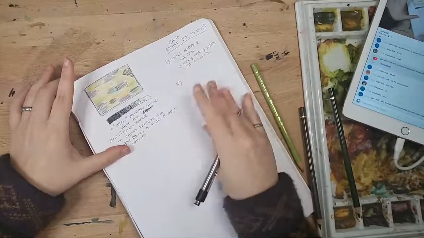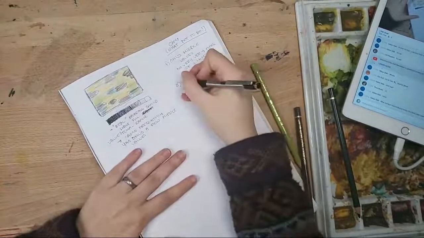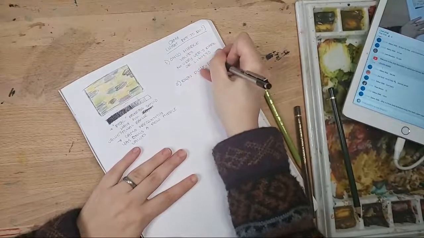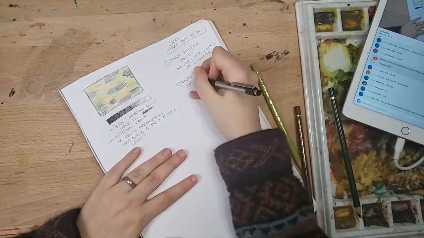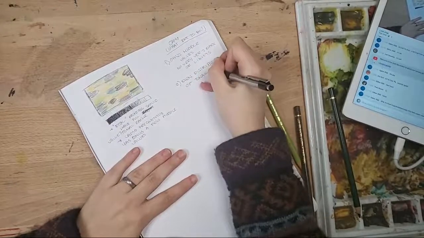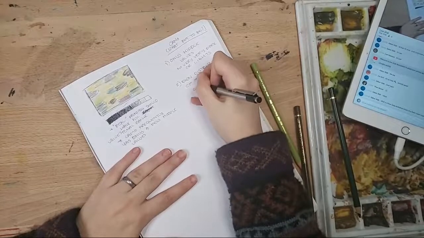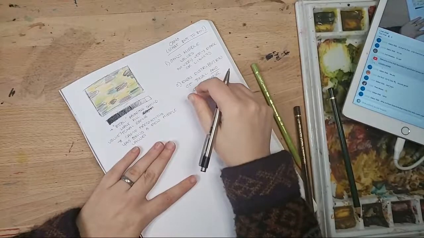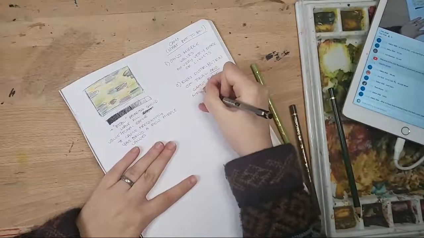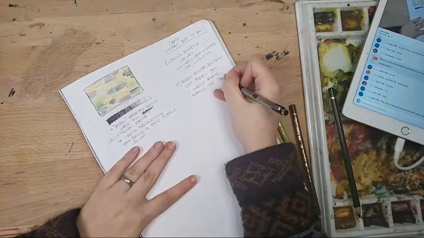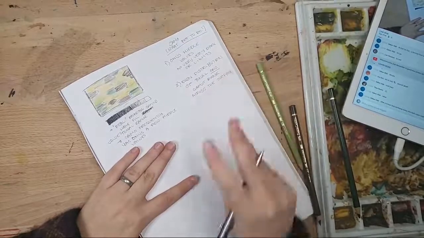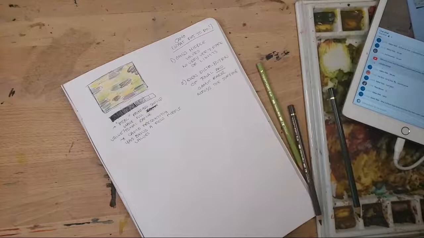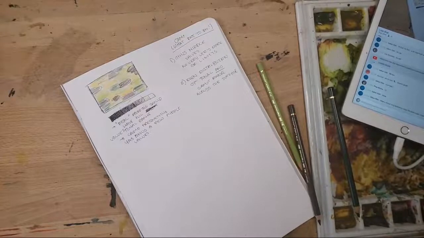So the second thing is even distribution of tonal and gamut range across the surface. So that's another thing.